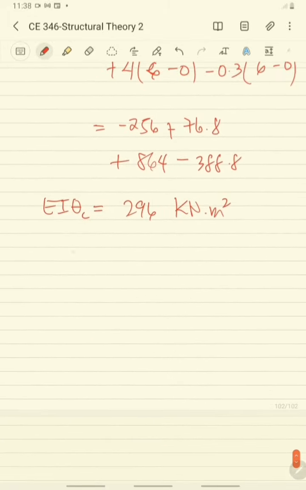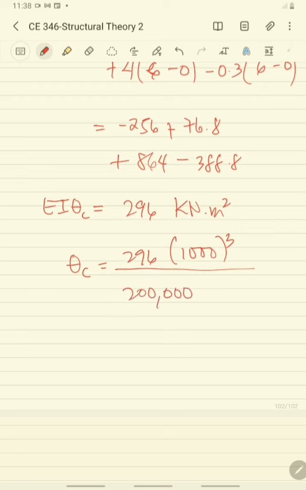So theta C is equal to 296. We will convert kilonewton meter squared to Newton mm squared, so we have to multiply this by 10 to the cube. Then the 200 GPa is also equal to 200,000 Newton per mm squared, times I, which is 240 times 10 to the 6. Therefore, the slope at C is 296 times 1,000 cubed divided by 200,000 divided by 240 times 10 to the power of 6.